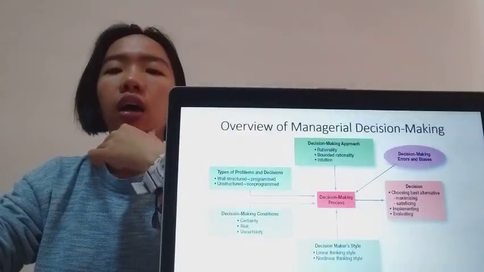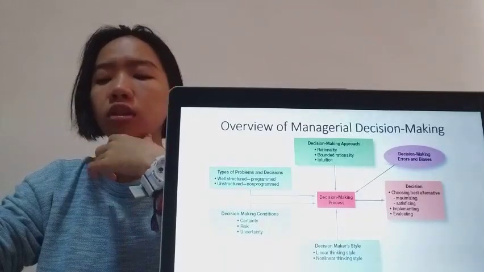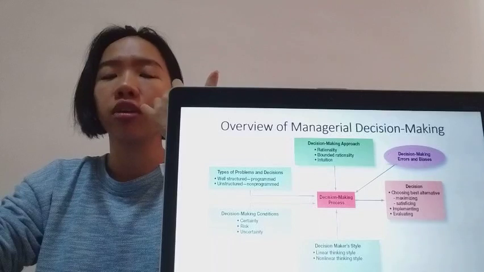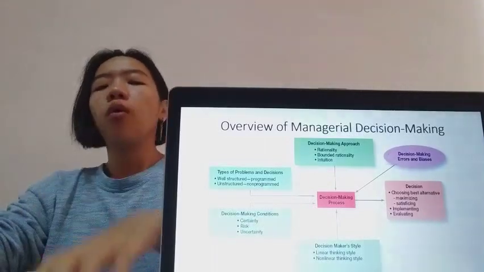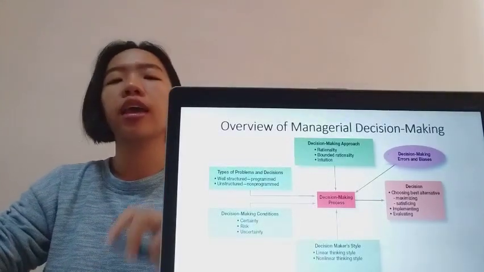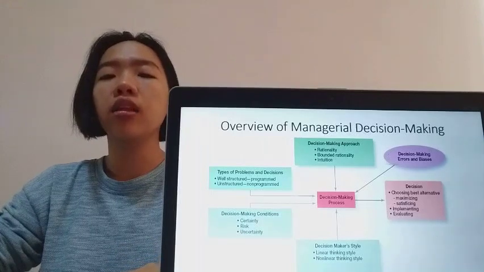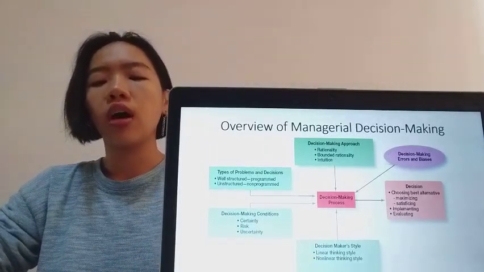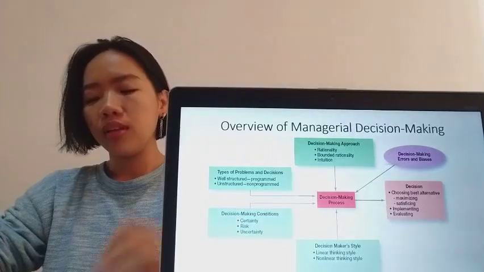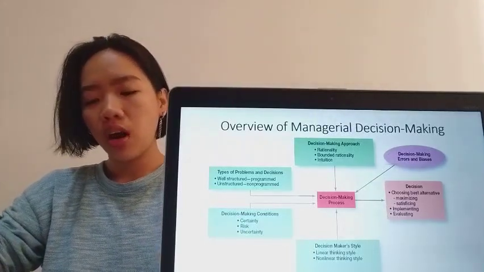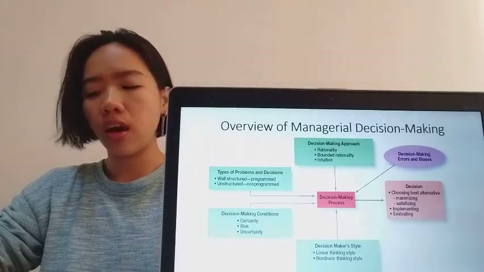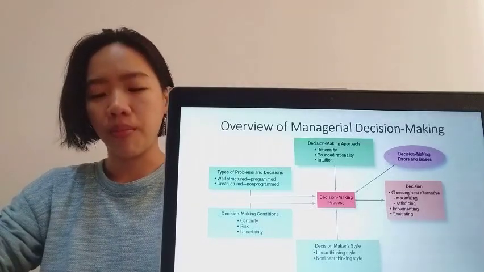Okay. The next one is an overview to measure decision making. We have four factors that can impact a manager's decision making. The first is the decision-making approach, whether it is rationality, bounded rationality, or intuition.